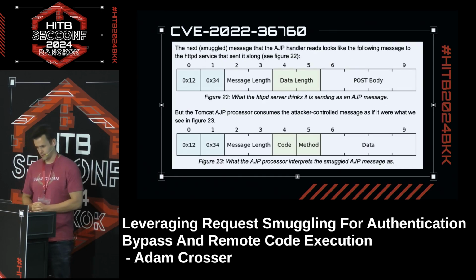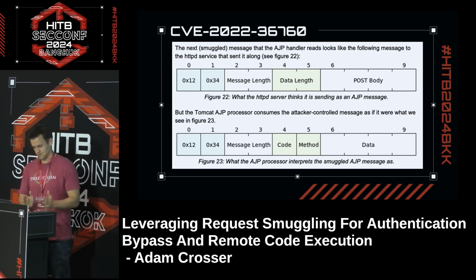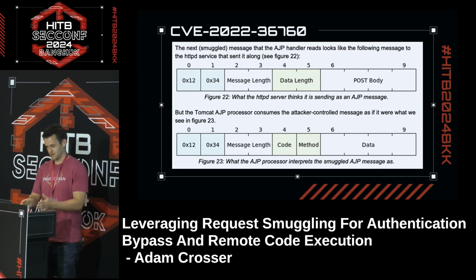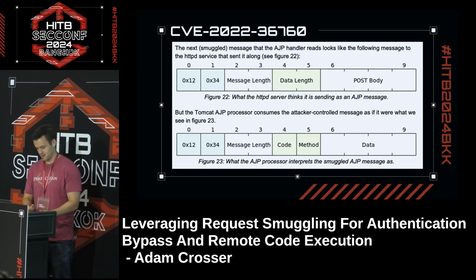And so this results in a type confusion issue where the next packet that the AJP processor in Tomcat processes, it's going to expect to be a request packet, but what it's getting is a data packet.